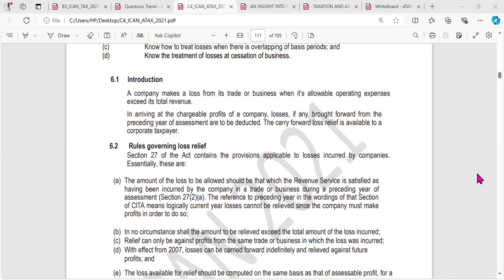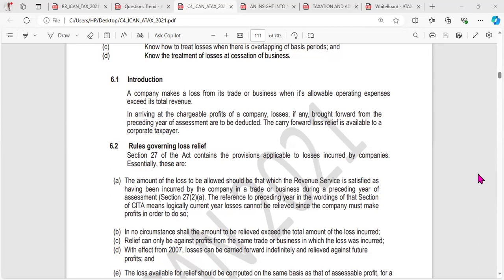So that's the rule. Before you treat capital allowances, you must bring loss from the previous year, if any, and charge them from the assessable profit before you can get your chargeable profit.